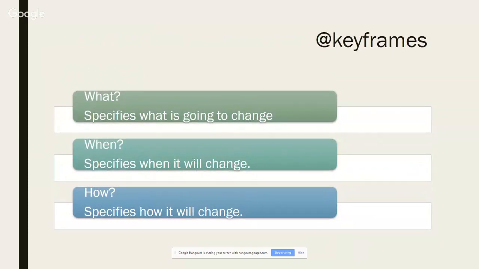You have to have this syntax, @keyframes, and then you give that keyframe a name, and that's what you use in your code. The keyframe rules tell it what, when, and how. So it specifies what's going to change. Inside the keyframe, you tell it exactly which properties you want. You tell it when you want them to change.